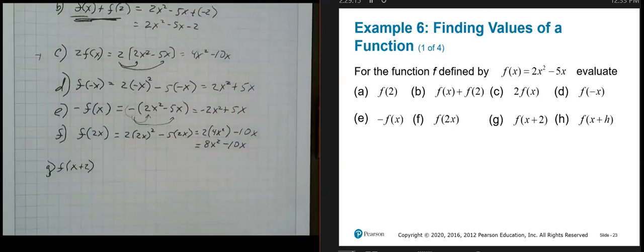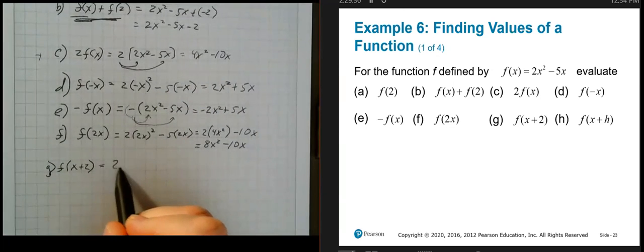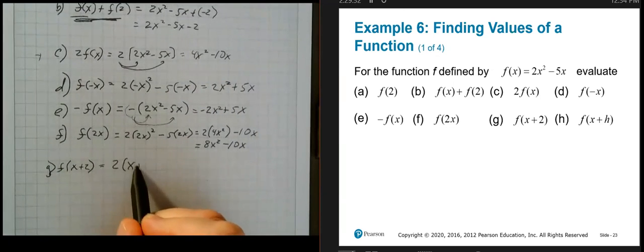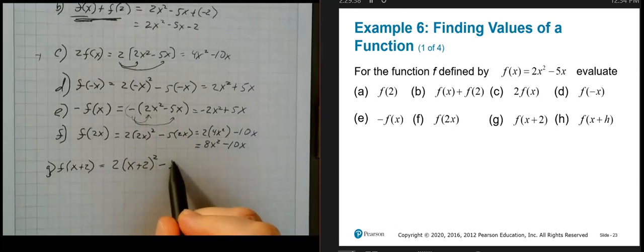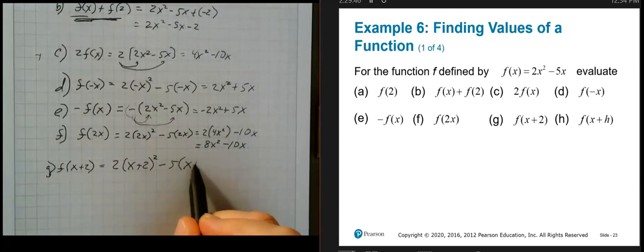Function notation is not distributive. So this isn't the same as doing f of x plus f of 2. This is f of the expression x plus 2. That means I'm going to replace x with x plus 2. So I'm going to square x plus 2 and then double it. And then I'm going to subtract 5 times x plus 2.